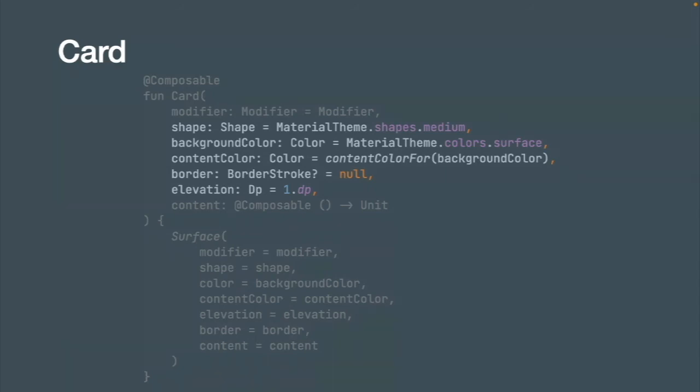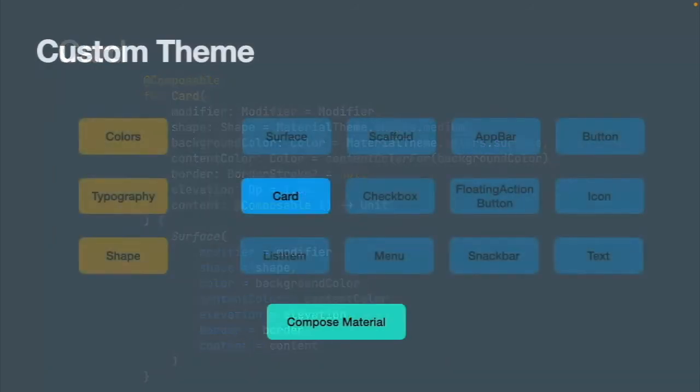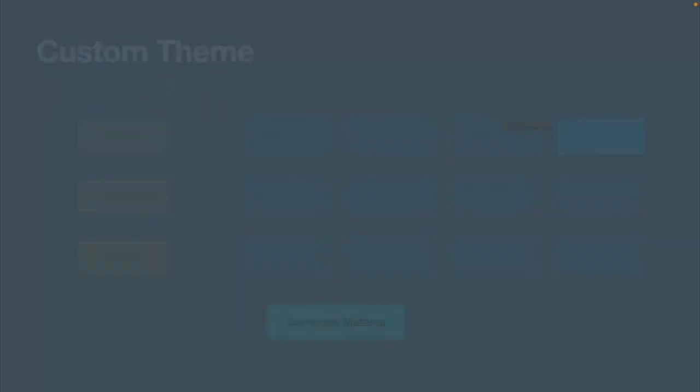It uses the medium size shape by default, and the surface color is its background. And all the card does is pass those directly to a surface. So all a card is, is a surface with some custom default values. That's it.